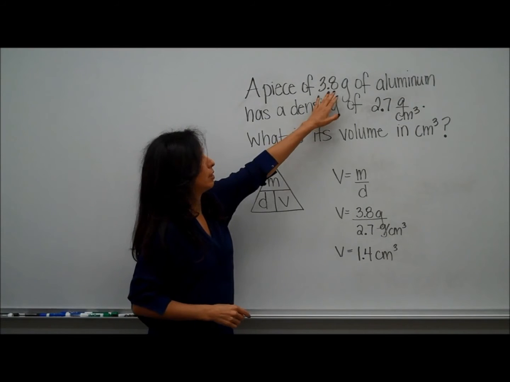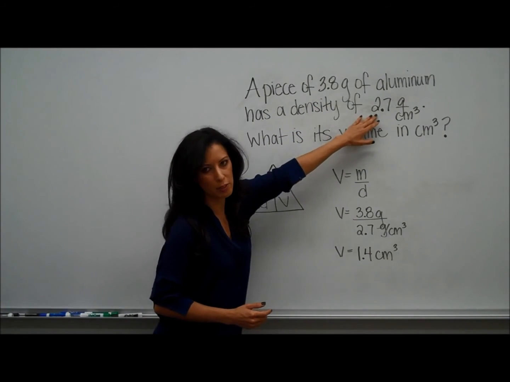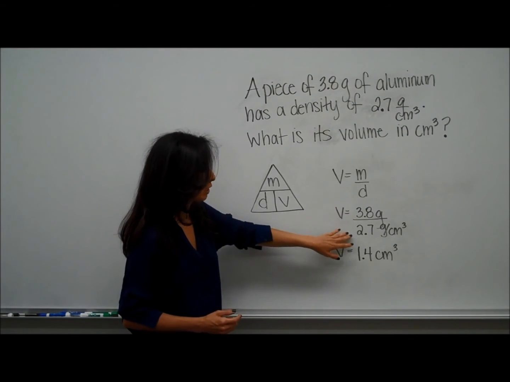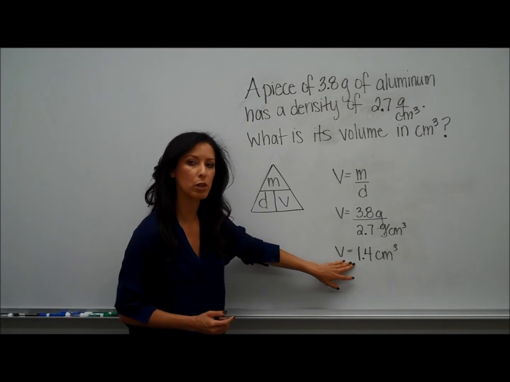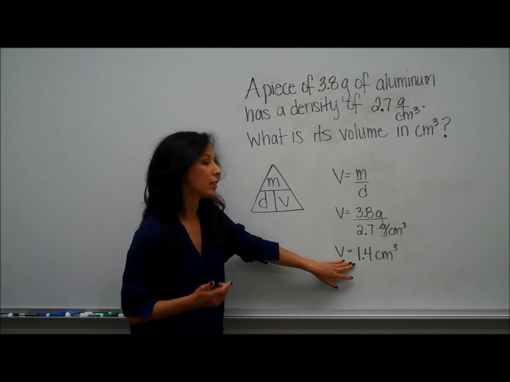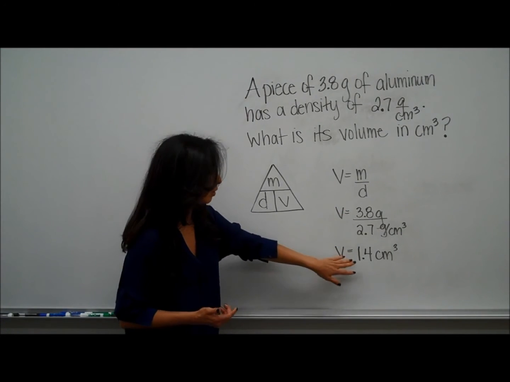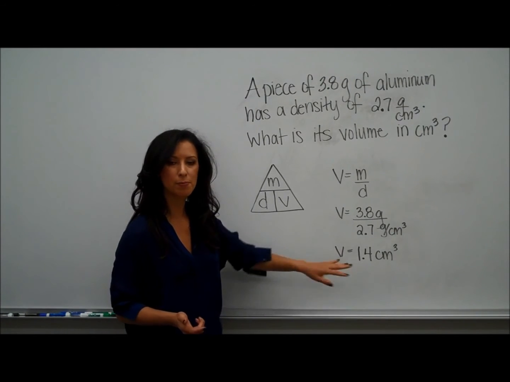The mass is 3.8 grams. The density is 2.7 grams per centimeter cubed. When we divide 3.8 by 2.7, the result is 1.4 centimeters cubed. Each term contains two significant figures, so our final answer will also contain two significant figures.